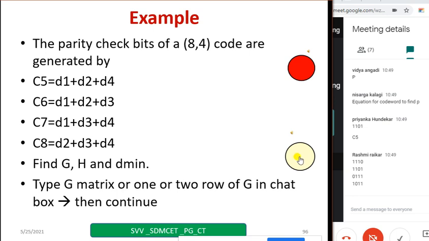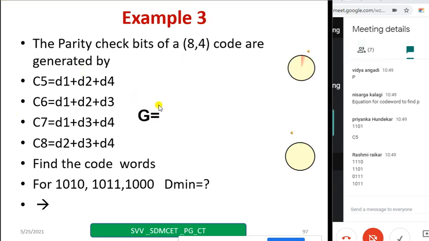You got a P now. The next step, what you have to do? You have to find out G. You have to find out H. D minimum. Do it. So parity, all of you have told the correct answer.